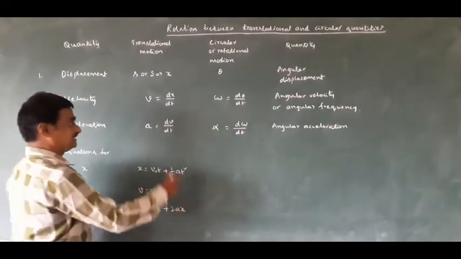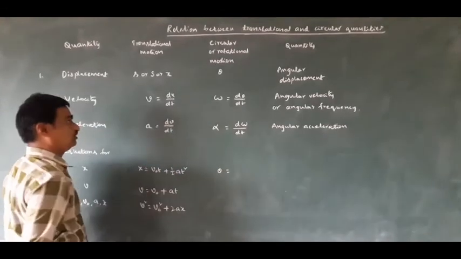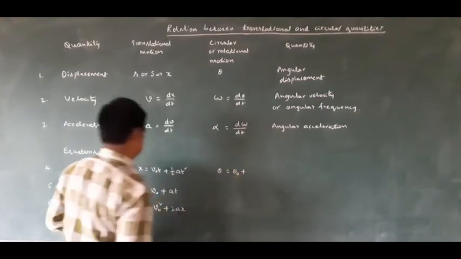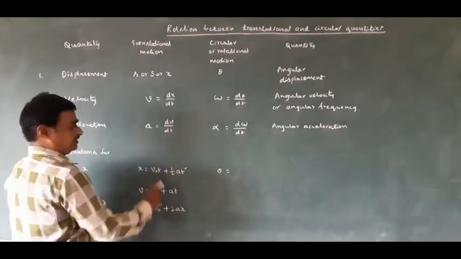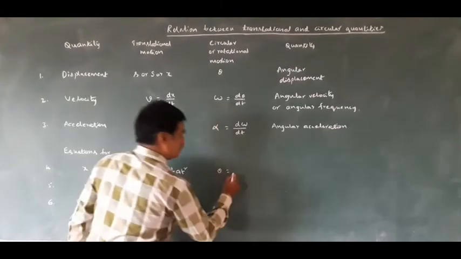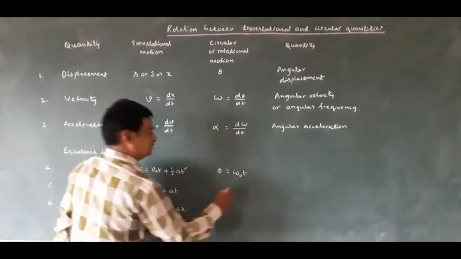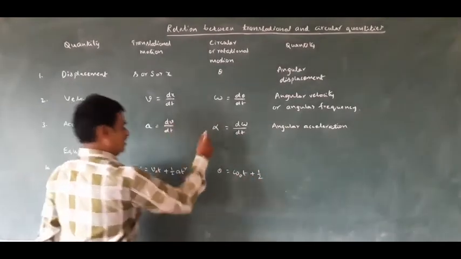X here is theta. Theta is equal to theta naught, we will see that one later. V naught means omega naught, t plus half, instead of a, alpha t square.